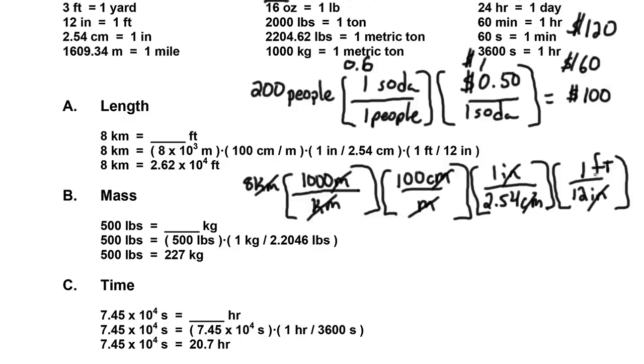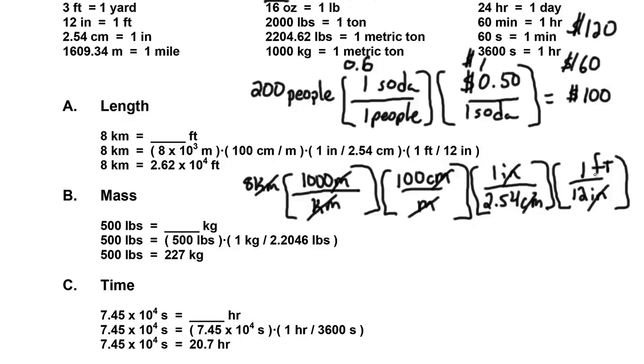So now all we have to do is calculate it out. This is the way I like to enter it. I say 8, and then I hit times 1,000 multiplied by 100 divided by 2.54 divided by 12.